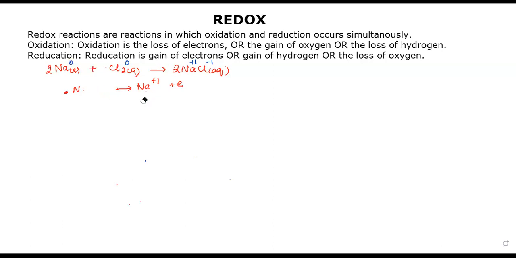So my equation becomes Na equals Na+ plus 1 electron. Even though the equation shows plus 1 electron, we can clearly see that this sodium element is losing an electron and becoming +1. So what is happening over here? We are seeing reduction. Sorry, I said reduction, I meant oxidation. Loss of electron is oxidation.